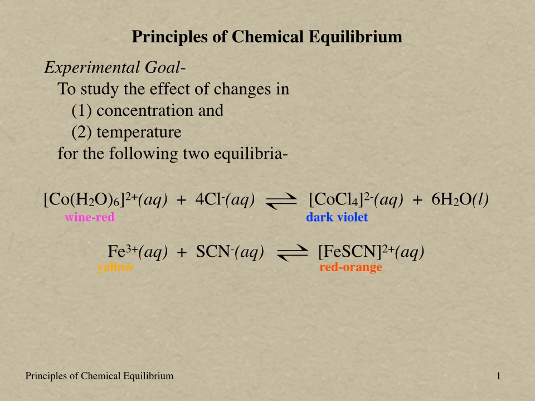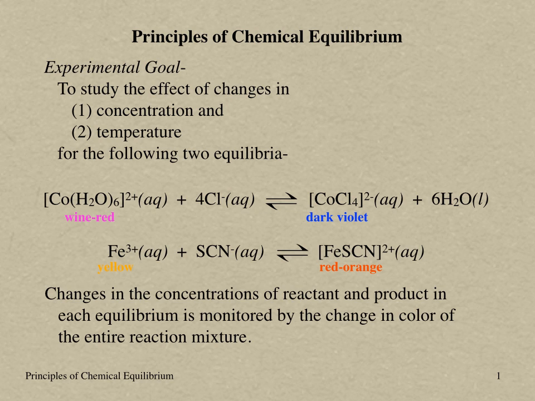The iron reactant in the second reaction is yellow, while the iron product that's formed is a red-orange. The overall color of each reaction mixture will provide an excellent visual indication of how a change in concentration or temperature is affecting the concentrations of reactants and products in each equilibrium.